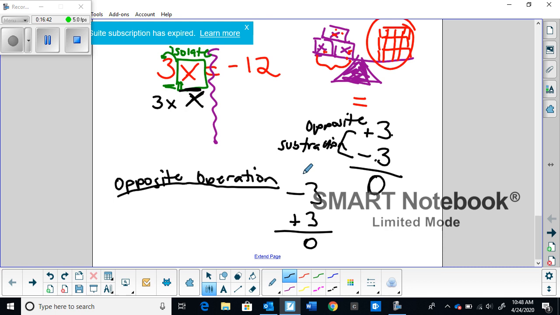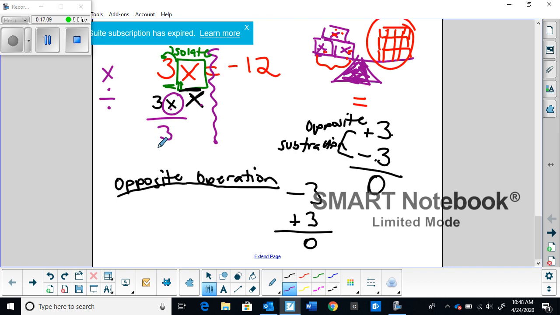So opposite operation. Now when I look back up here, I need to use the opposite operation. But notice I'm using a different operation. I'm using multiplication, 3 times x. So how am I going to get rid of the 3? Well, what's the opposite operation to multiplication? It's going to be division. So now instead of 3 times x, I'm going to divide it by 3.